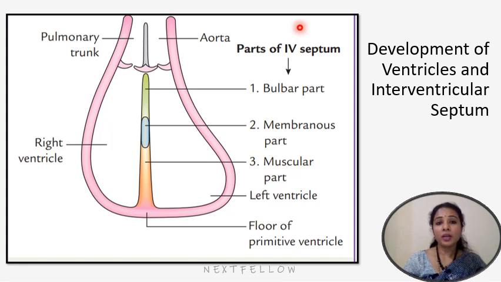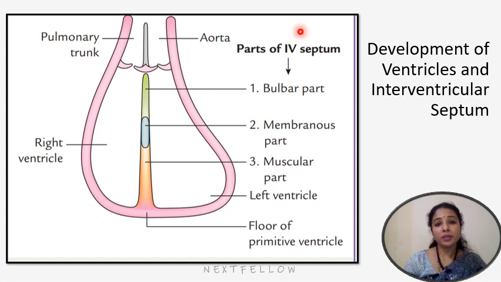The bulbar part develops from the right and left bulbar ridges, from the conical part of the common ventricular chamber. The two ridges, the right and left bulbar ridges, develop in the distal part of the bulbus cordis, and they grow and approach each other, fusing to form the bulbar part of the IV septum.